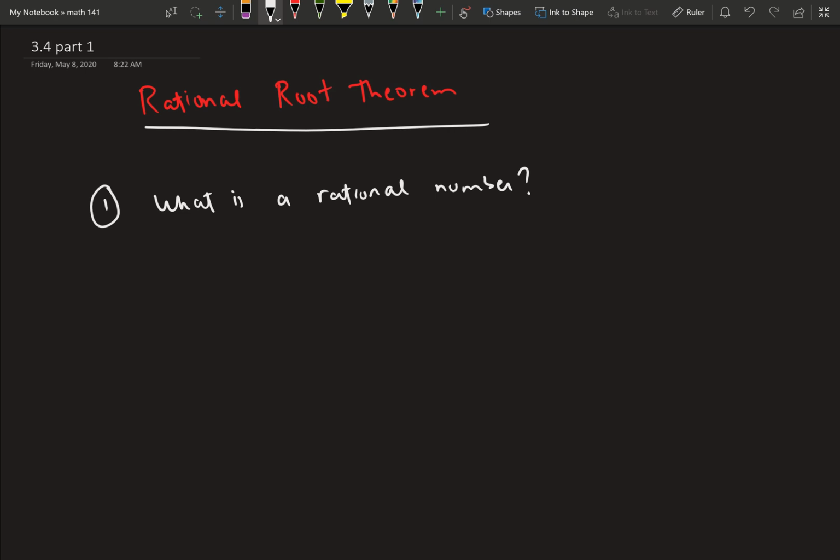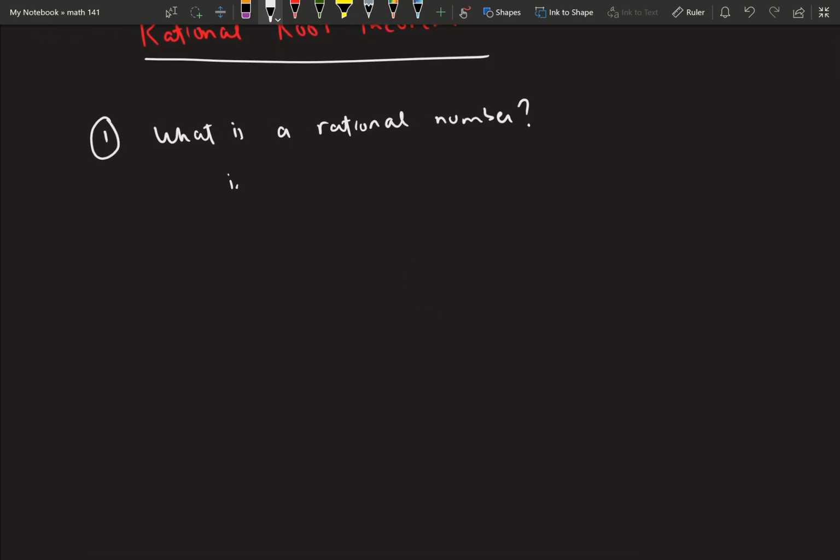Well, you have integers, which are 0, plus or minus 1, plus or minus 2, and all of that. And then you have what's called the rationals. The rational numbers are just fractions, all fractions.